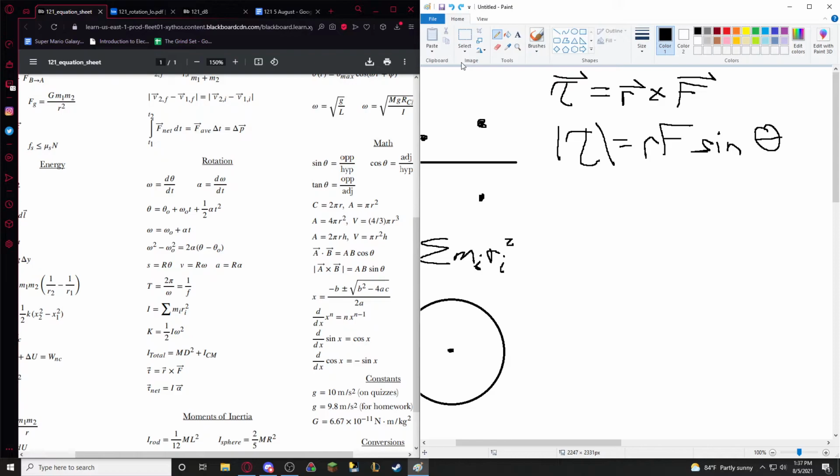So the torque would be the direction which our thumb points, but then we would have to align our fingers with the rotation. Yep. So let's say we have our r vector out to the right and our force is directly downward. How do we find the direction of the torque here?